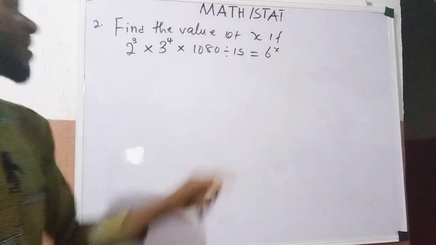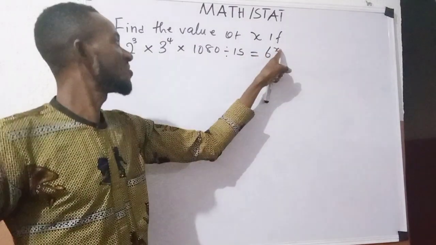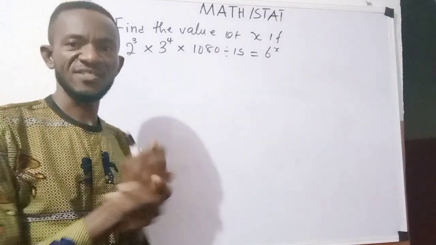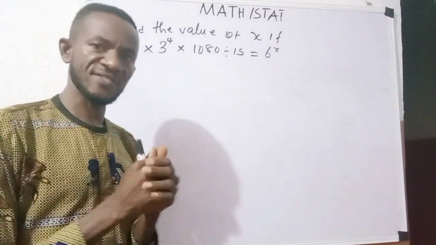We are to find the value of x if this 6 raised to power x is equal to this quantity. This is a serious question in indices.